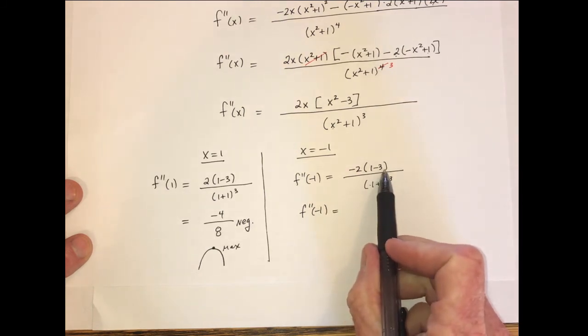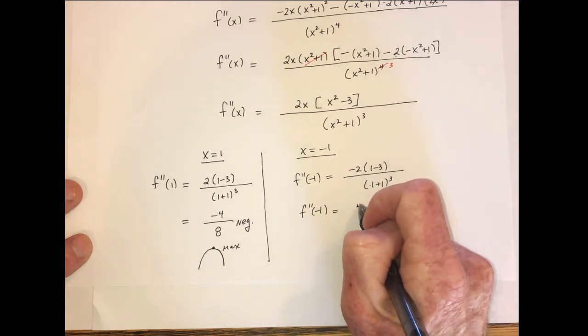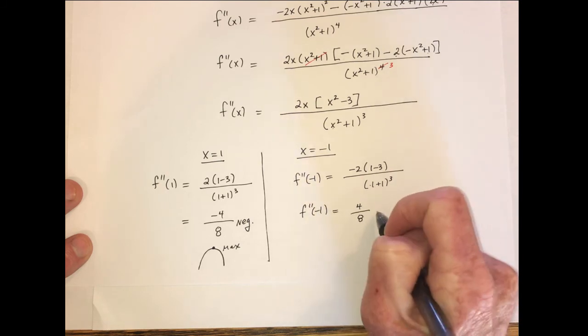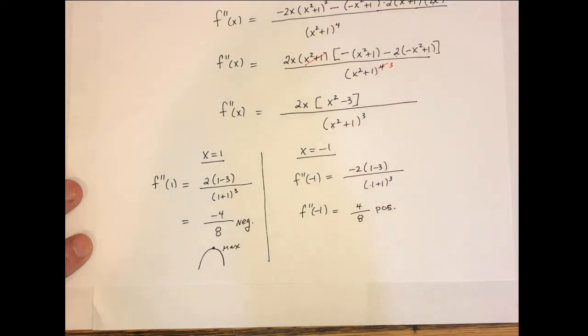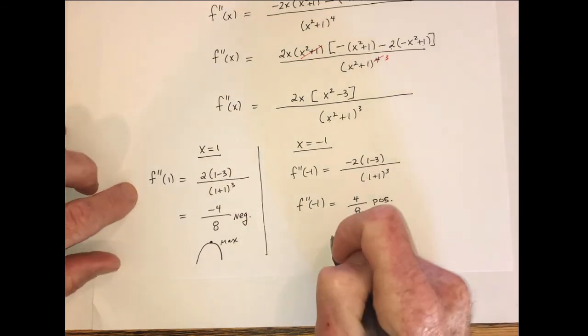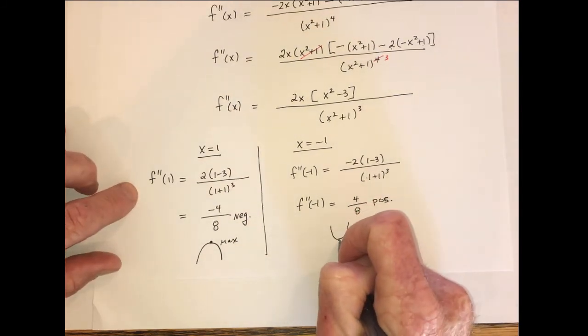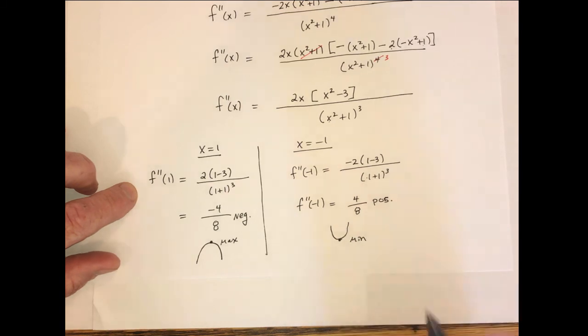And then this would be negative 2 times negative 2 is positive 4 divided by 8, so that is positive. And then for positive, it means that it's concave up, which means there's a minimum.